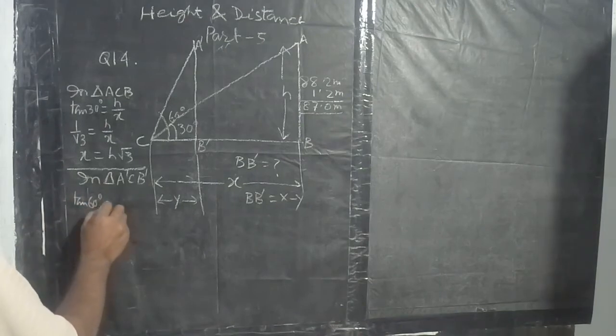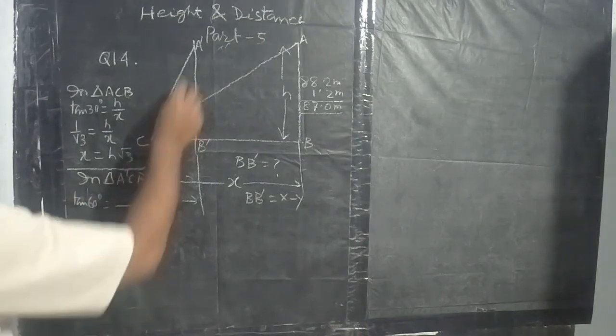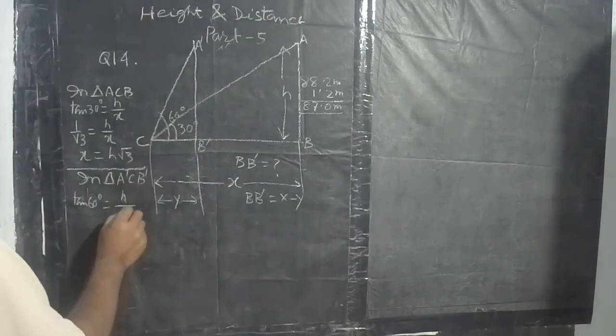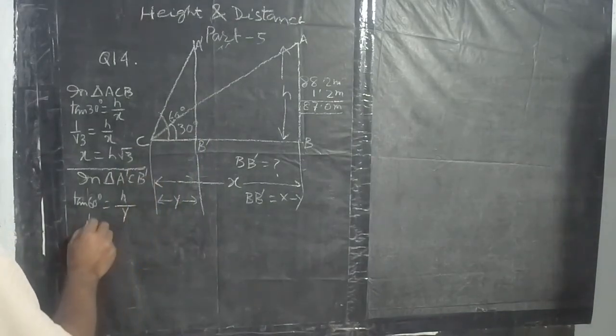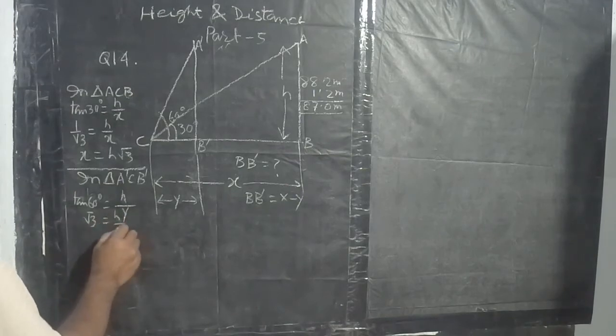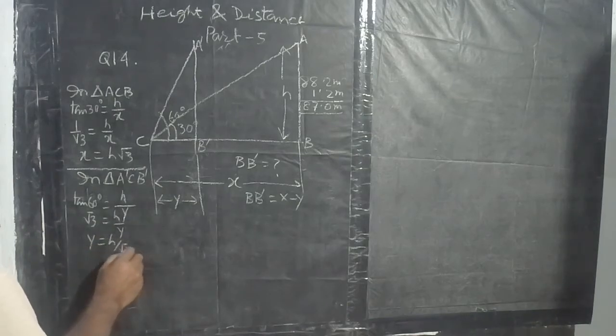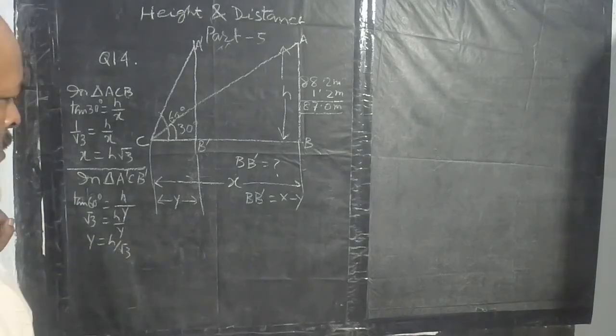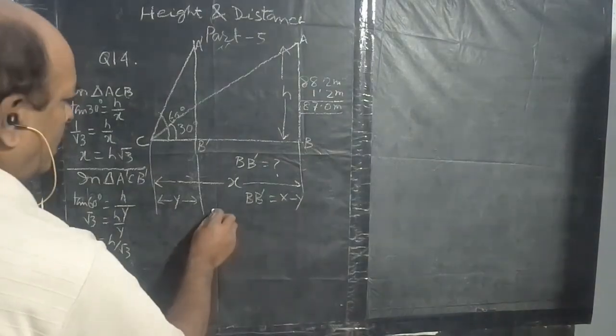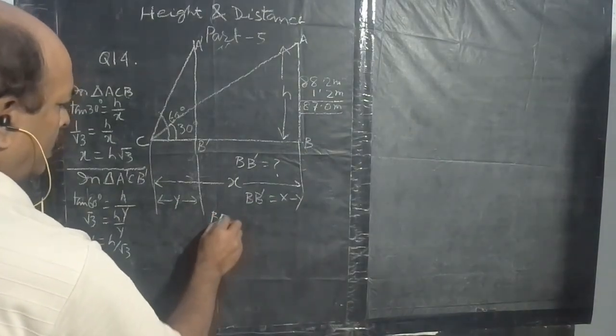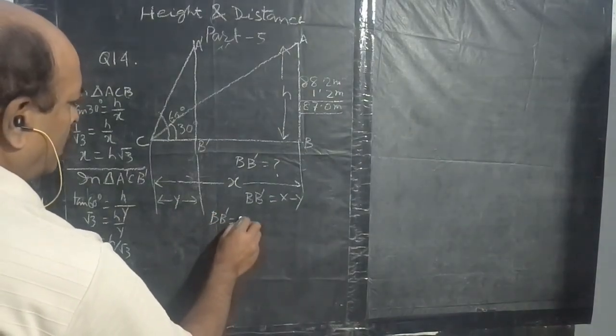Tan 60 degree equals, here again, h upon y. And tan 60 is root 3, equal to h upon y, so y equals h upon root 3. We are interested in finding B B dash. So B B dash equals x minus y.